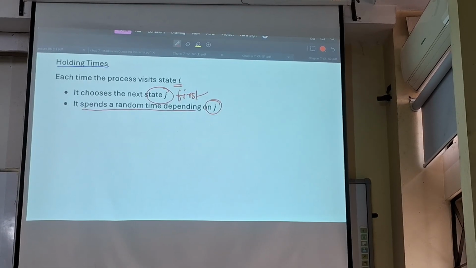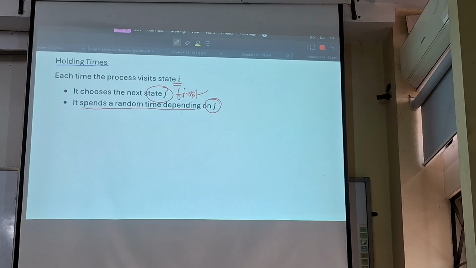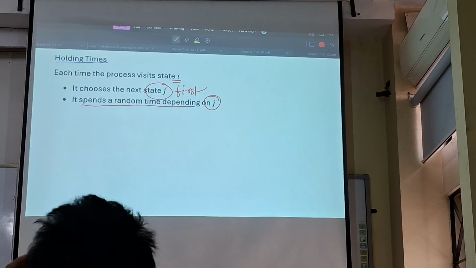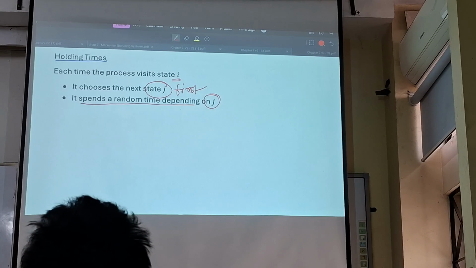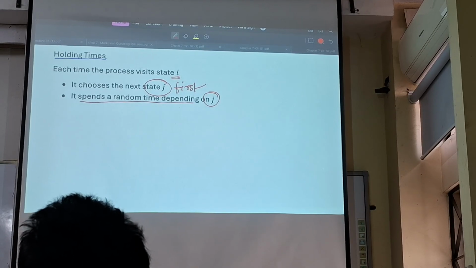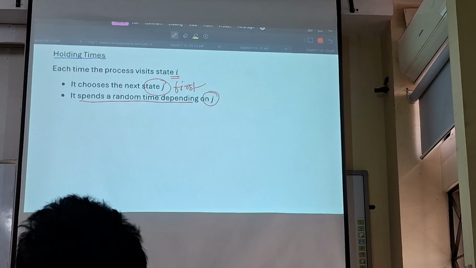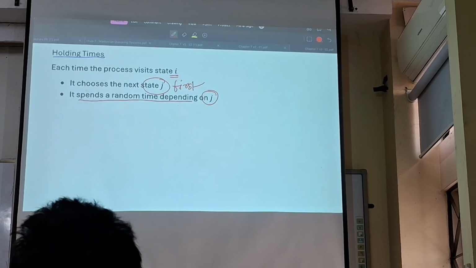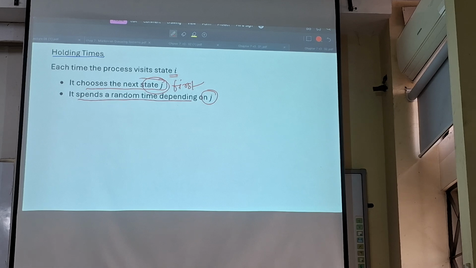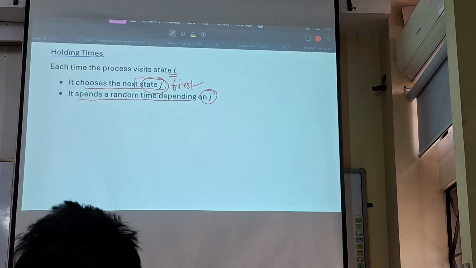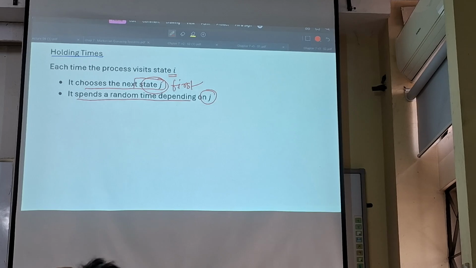Okay, it is J. Then the distribution of J is given from there, and it will find a time and it will stay there. It is not the case that the process can arbitrarily identify the amount of time it will stay in state I, then move on to state J. So first it has to choose the next state. The next state is chosen first, then the random time.